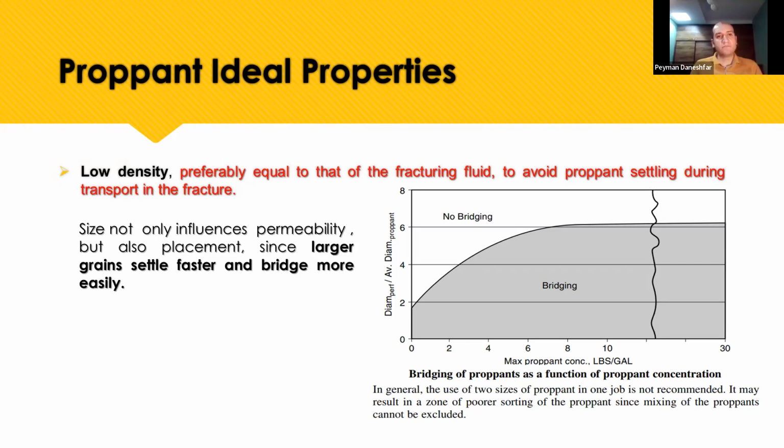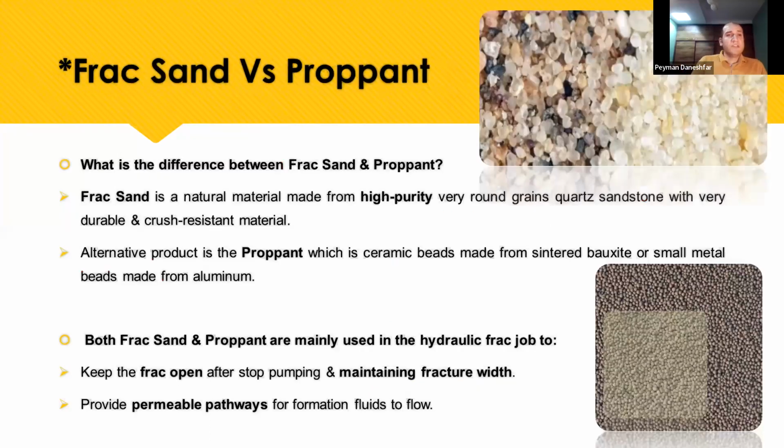Size not only influences permeability but also placement, since larger grains settle faster and bridge more easily and can cause a screen out. What is the difference between frac sand and a proppant?